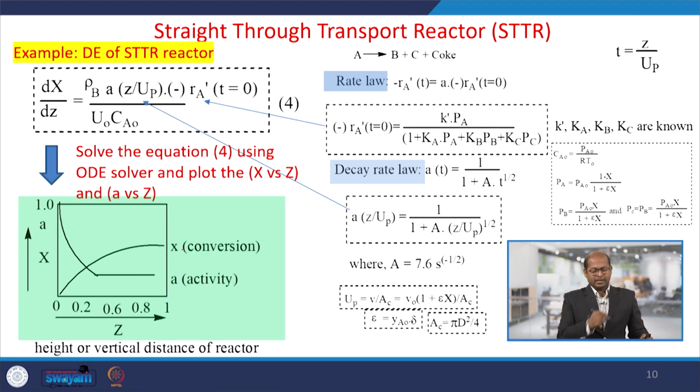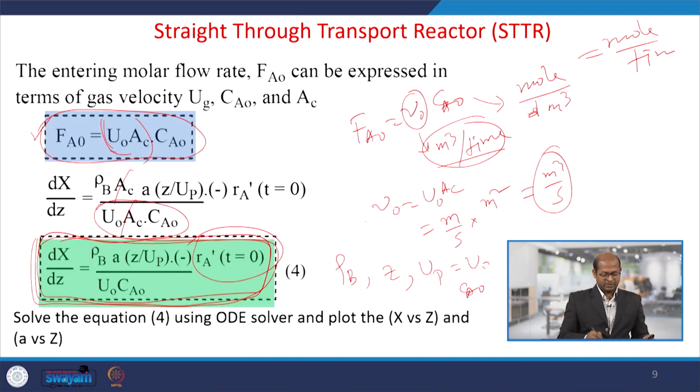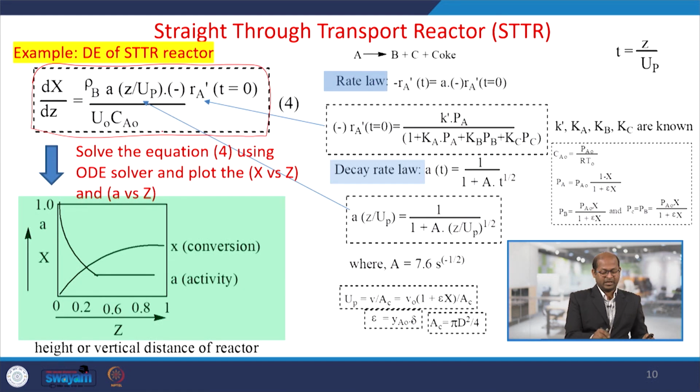In the next part, you can see this is the same differential equation, equation 4, written here. If we solve this equation by providing all the known parameters on the right-hand side of equation 4, then similarly, on the x axis we put z instead of the weight of the catalyst.